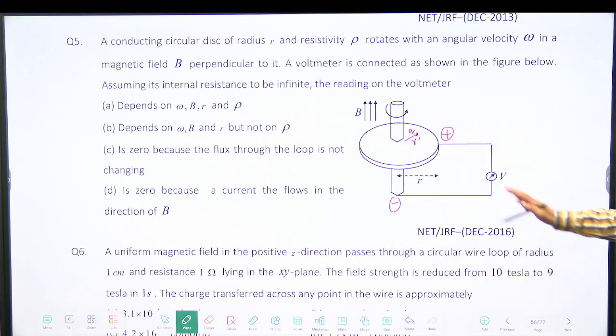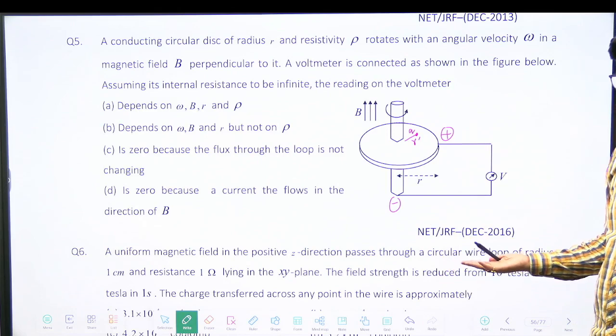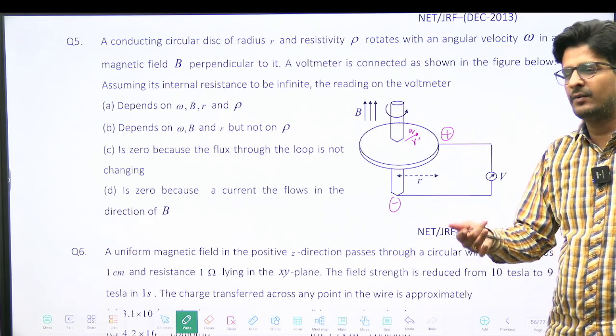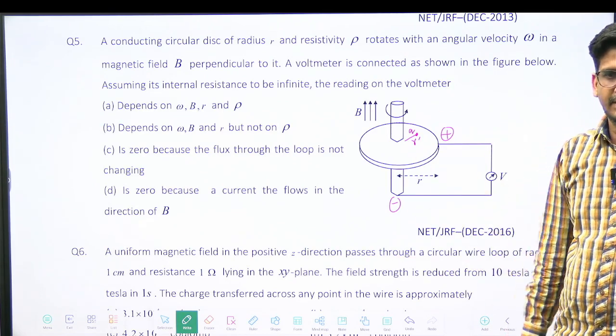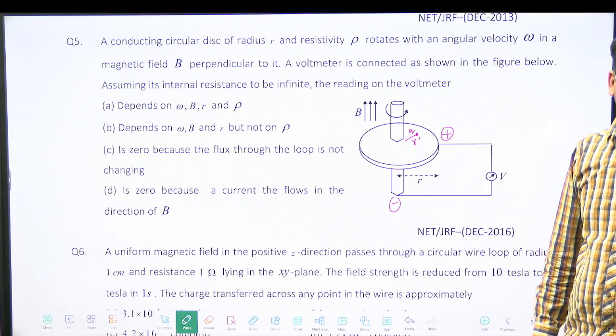So there will definitely be a potential difference, like it was in the case of the rotating rod.